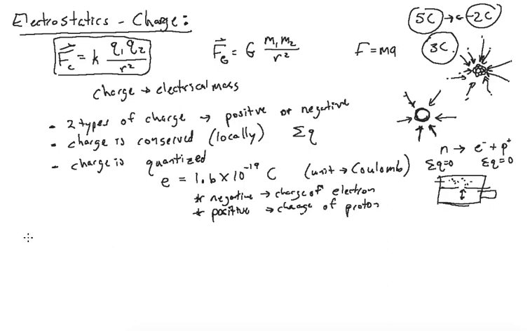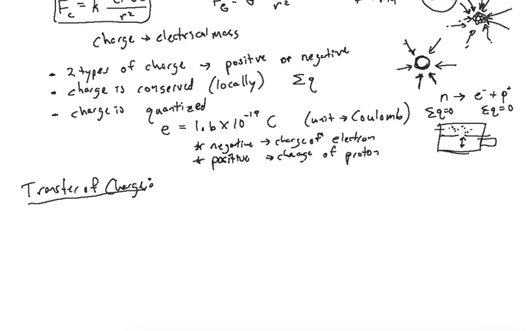Okay. Next is transferring charge. We're going to talk about 3 main ways to move charge around. But first, I'm sorry, the first thing we need to do is tell you the 2 types of materials. We can have electrical conductors, where charge moves freely.